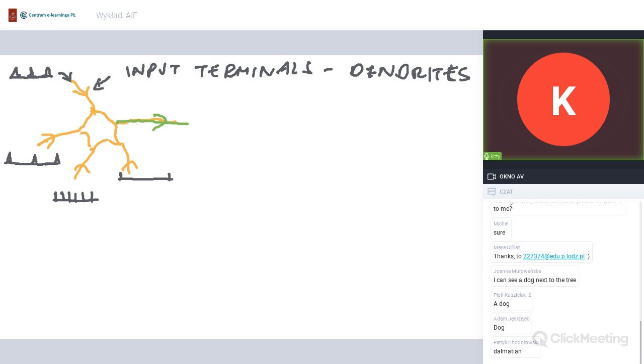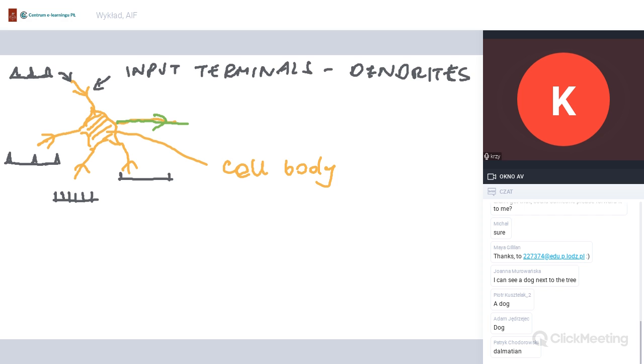What enters this orange neuron, every pulse is a packet of a charge, or a packet of ions. So these ions flow, and here in this cell body, or neuron's body, they accumulate.